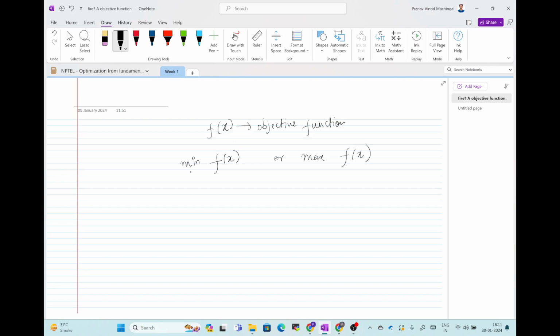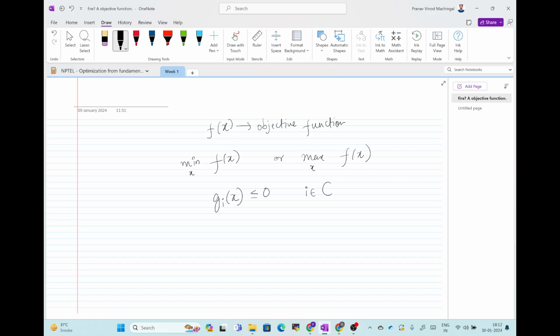Minimize with respect to x, but you will have some constraints on x, like what sort of values of x are allowed, and that is determined by a set of constraints. Let's say g_i of x less than or equal to 0, where i belongs to some set C of constraints. So these g functions restrict what values x can really take.